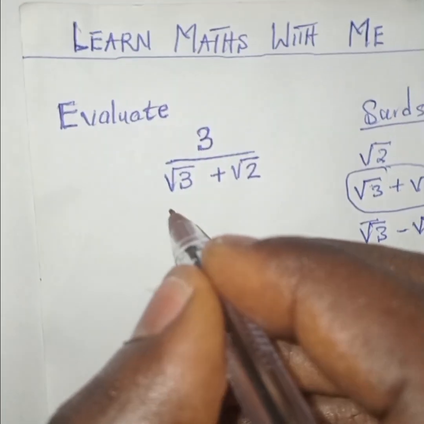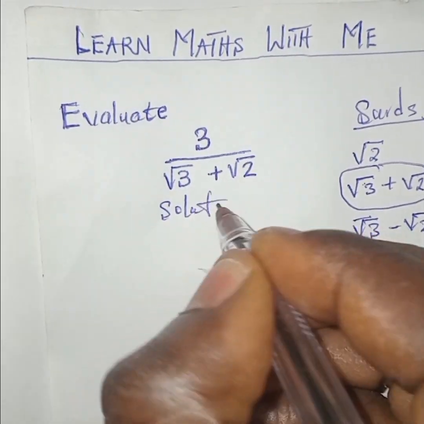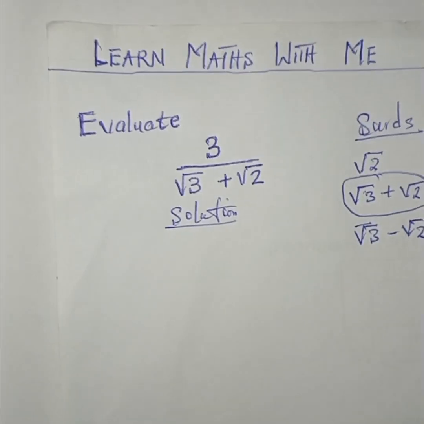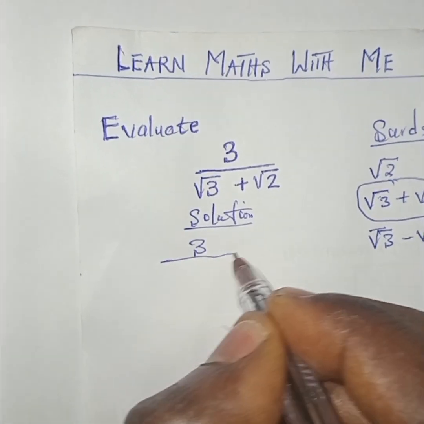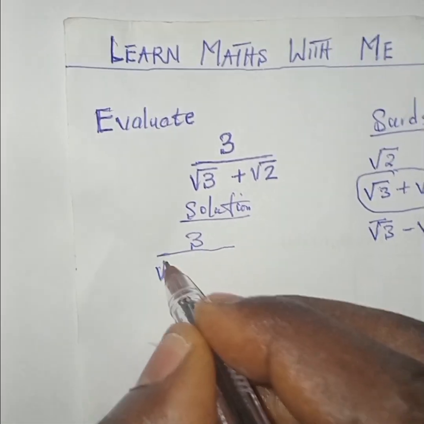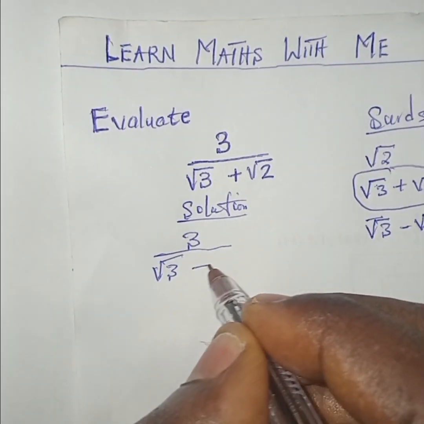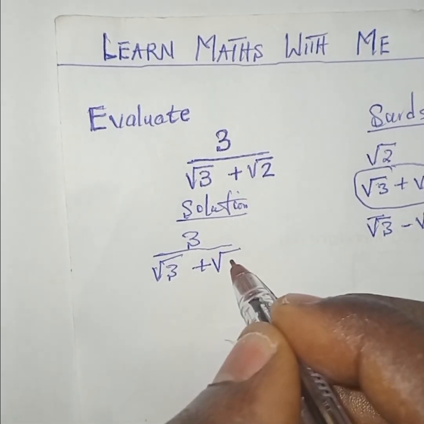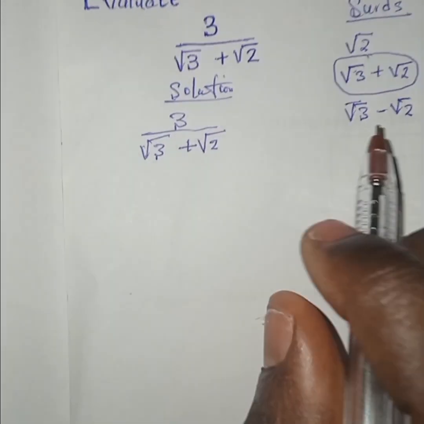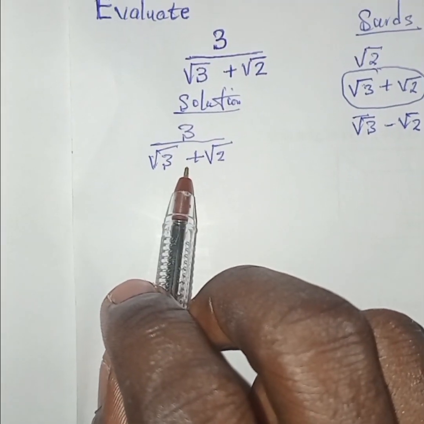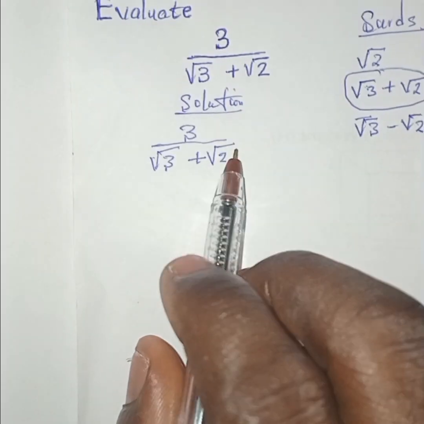So you say solution. After saying solution, you rewrite the question again: 3 over square root of 3 plus square root of 2. Now remember, we'll use the conjugate of the denominator to multiply both the denominator and the numerator.